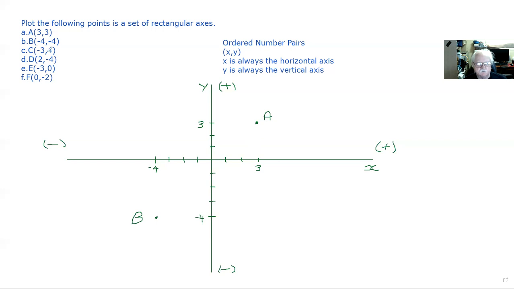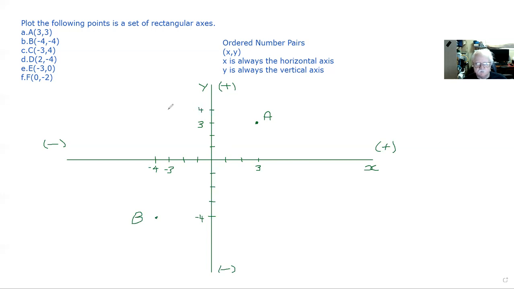So they've given us point C, which is -3. So on the x-axis, we're at -3. And you don't have to fill in all the numbers on the axes, but always fill in the numbers you're using. So -3, but +4. So we've got to be at a +4.